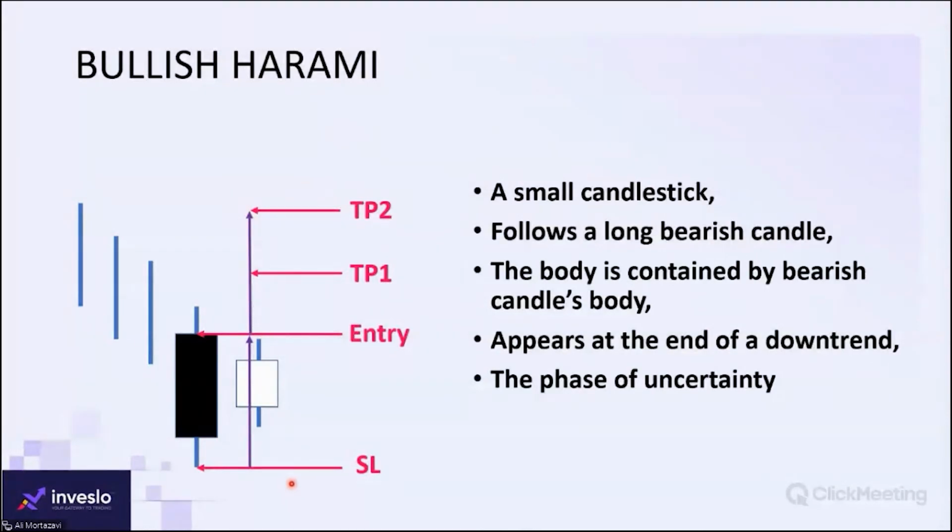But sometimes when they come after some range, or they appear at the boundary of range markets or somewhere like that, I will show you on the chart later, then we will consider taking more risk on trading with these candlestick patterns.